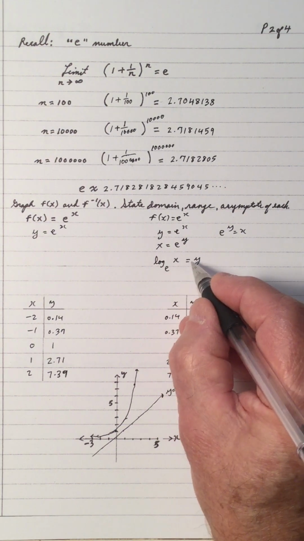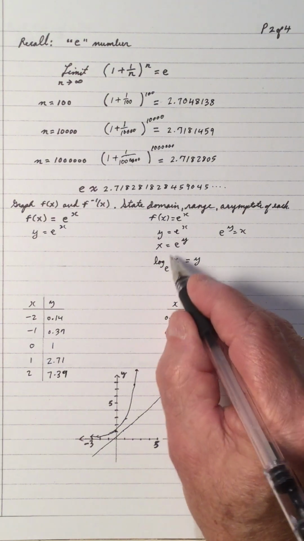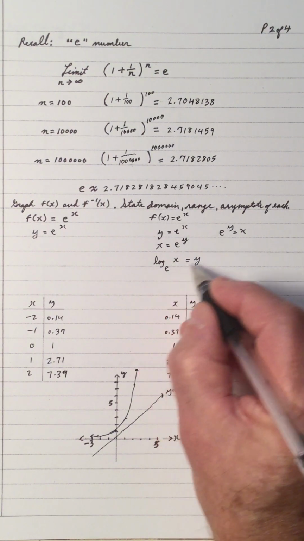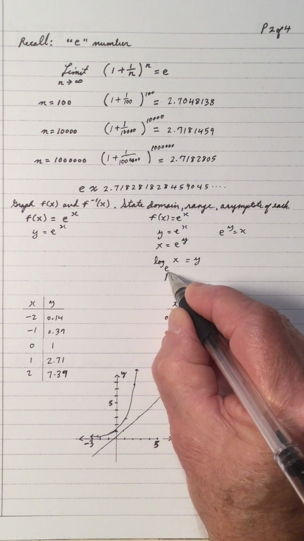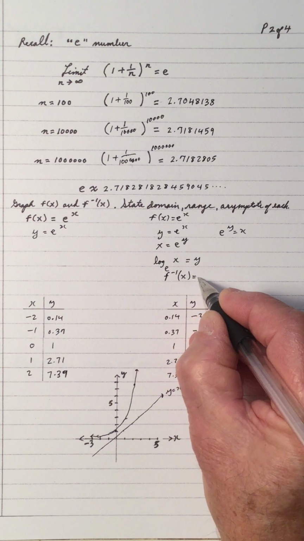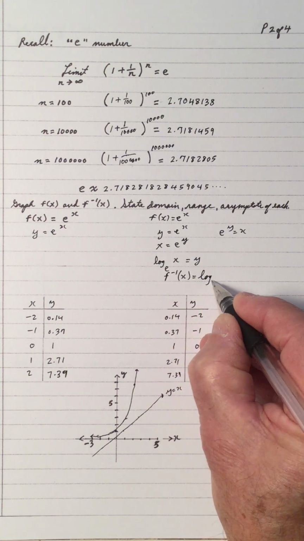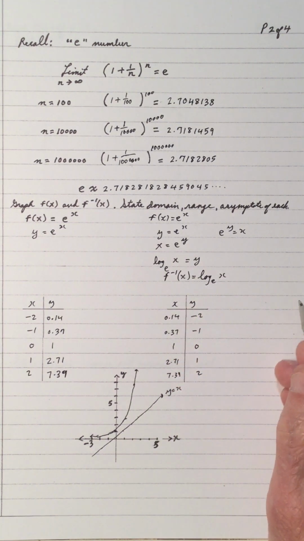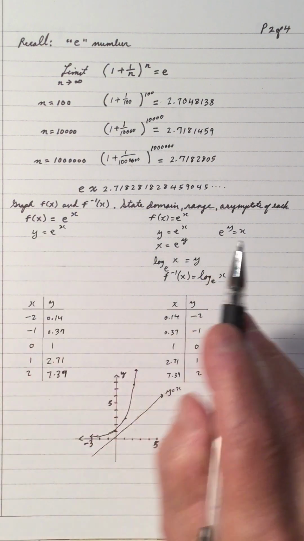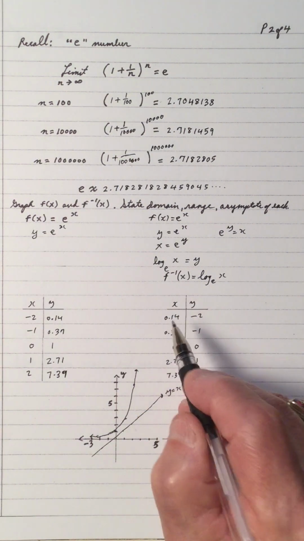This is the exponential form, and this is the log form. And since we have the y here now, to distinguish, we go f to the -1 of x is equal to log base e of x. So this is the exponential form of the base e. Now this is the log form of the base e.